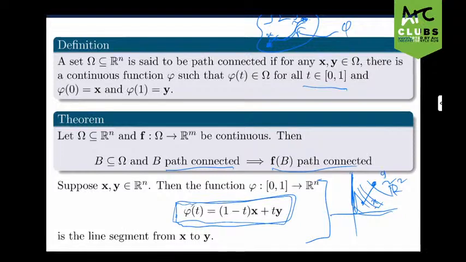Well, it's clearly continuous because it's a simple linear function, just linear in t. The other thing I need to prove is that this is inside omega for any value of t between 0 and 1. I leave that as an exercise, but I think that's probably one of the earlier questions you cover in class.